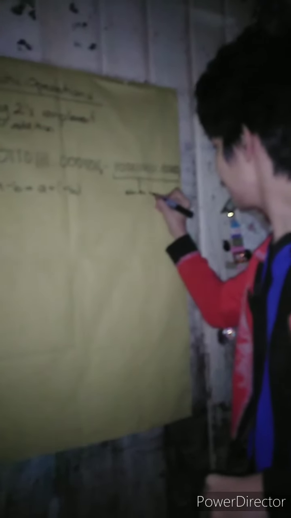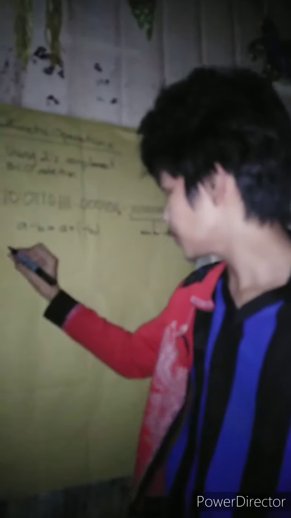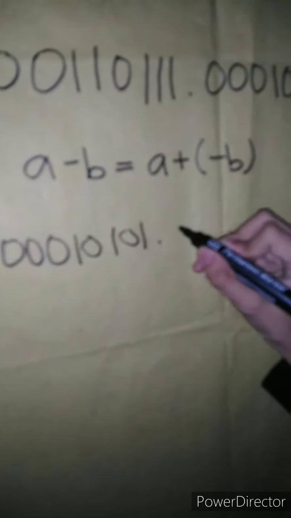In taking the negative value of a certain binary number, we will have to use 2's complement. So 1 0 0 0 1 0 1 0 1 point 1 0 0 1 1 0 0.